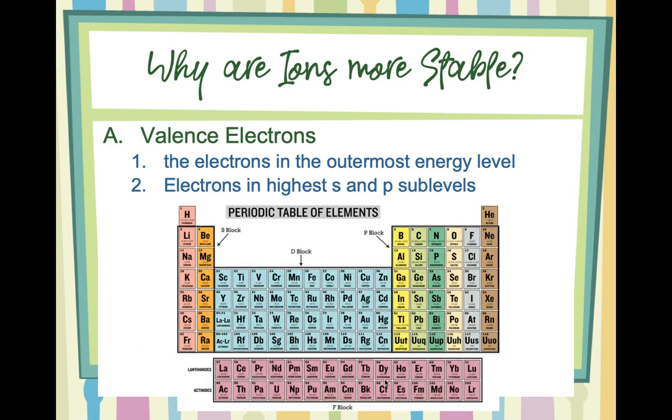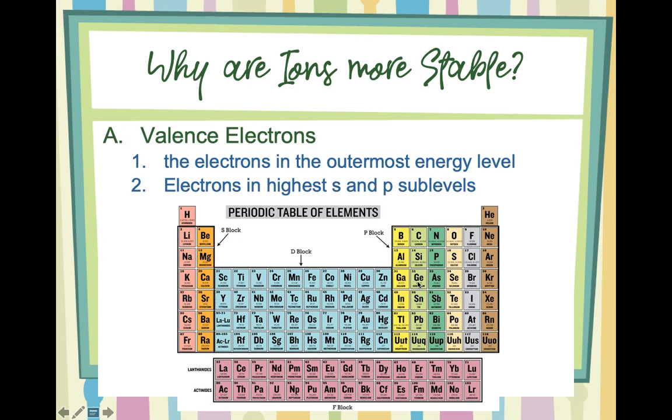Okay, so visual. So here's our periodic table. So again, what we're looking for is the highest S and P sublevels. So if I'm looking at antimony, I can, without even writing out the full electron configuration, just say, well, antimony is in the P block, so it has 1, 2, 3 in the P block, and then it would have also had S1 and 2.